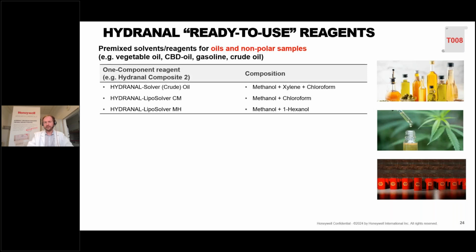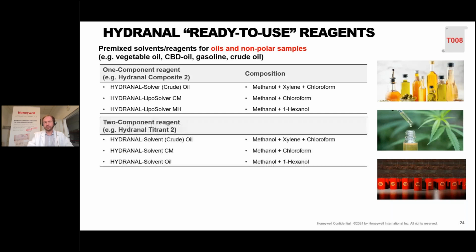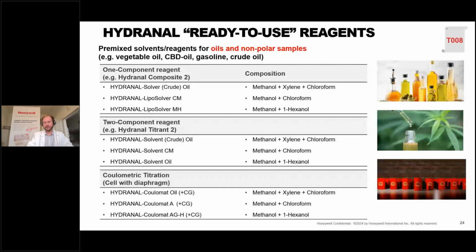So we offer different premixed solvents for the one component and the two component system, and also special coulometric reagents for most accurate titration of non-polar samples, such as, just to give some examples, vegetable oils or CBD oil, which is now very popular, and different kinds of oils like crude oil as well.